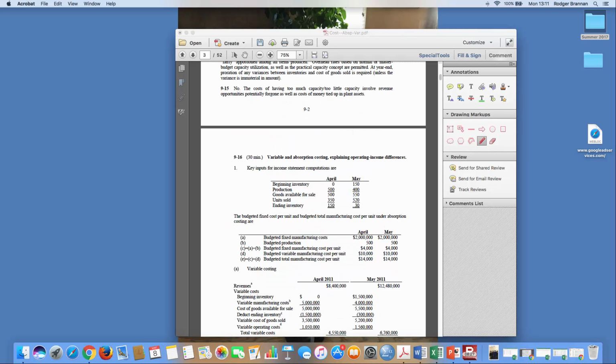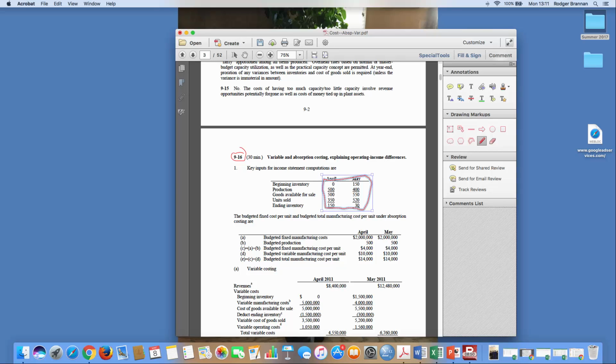Okay, we're going to look at, with respect to absorption and variable costing, problem number 16. A relatively straightforward, simple problem, but still it gets at the heart and the essence of what we're trying to get at here. Well, one thing is to take a look at what's happening to inventory, okay? In April, they produce 500 units, but they only sell 350. So sales are less than production.